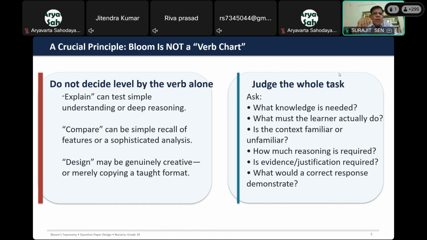Say for example, in a biology question, compare breathing and respiration. Okay, you can compare the both of them. But if you go deep into it and analyze it, you can bring out a very sophisticated result.